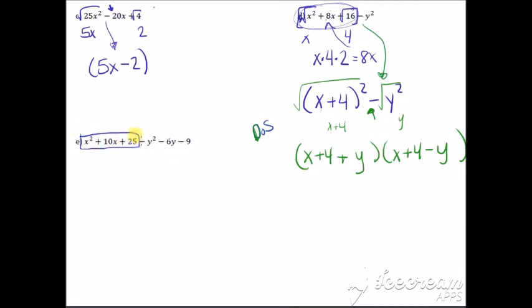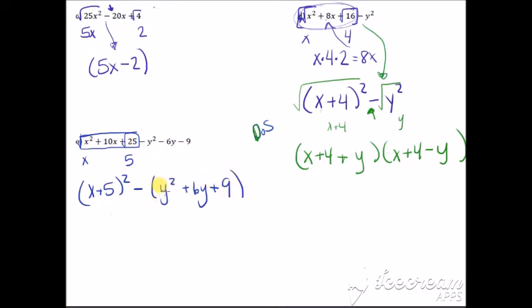Now, let's take a look at this one. This is a perfect square trinomial. So this will be the root of x squared, which is x, and the root of 25, which is 5. So we have x plus 5 squared. Now I'm just going to factor out this negative, the negative 1. So I get y squared plus 6y plus 9.